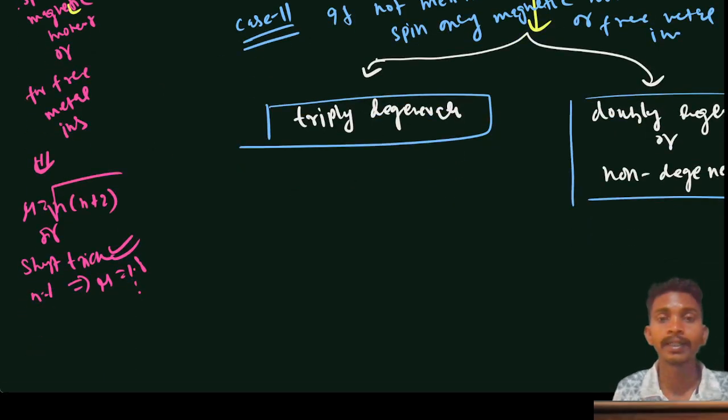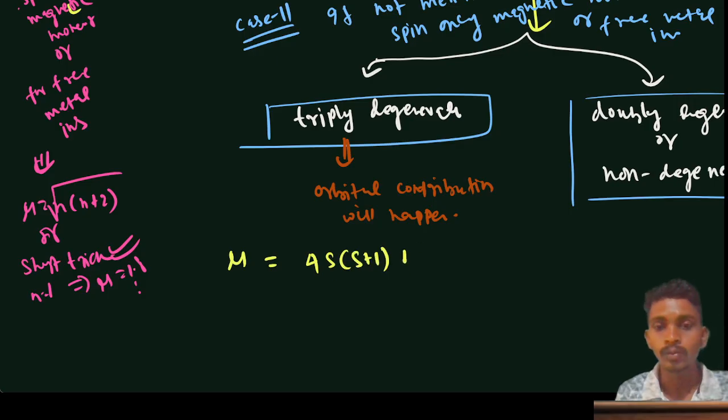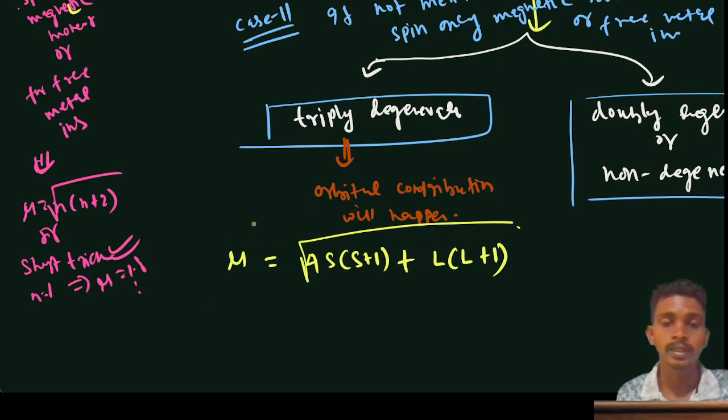So if it is triply degenerate, in that case orbital contribution will happen. The spin only magnetic moment will be the square root of S(S+1), this is spin, and we add the orbital value also, that is L(L+1). This is for the triply degenerate case.